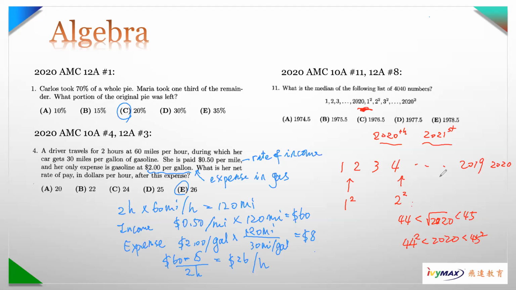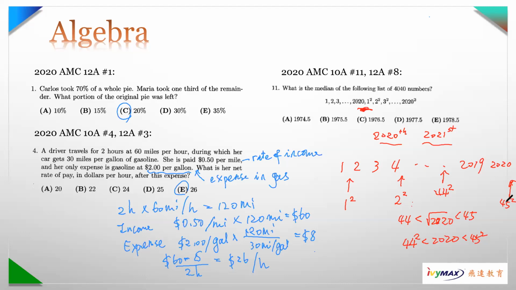So I need to plug in 44 squared in front of this 2020, and 45 squared should be sorted behind that. Okay, hopefully that is clear enough.